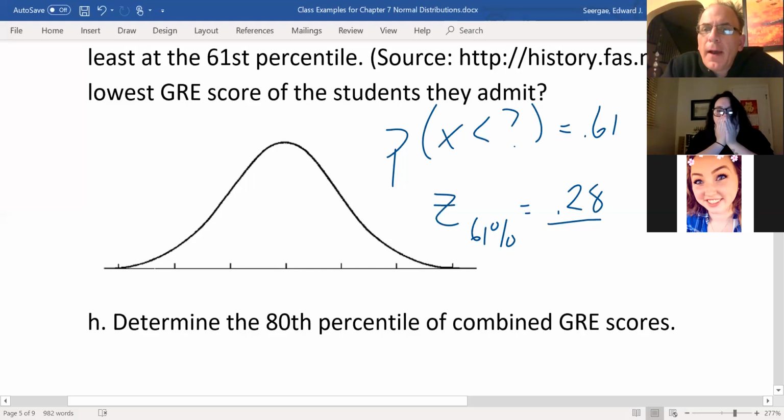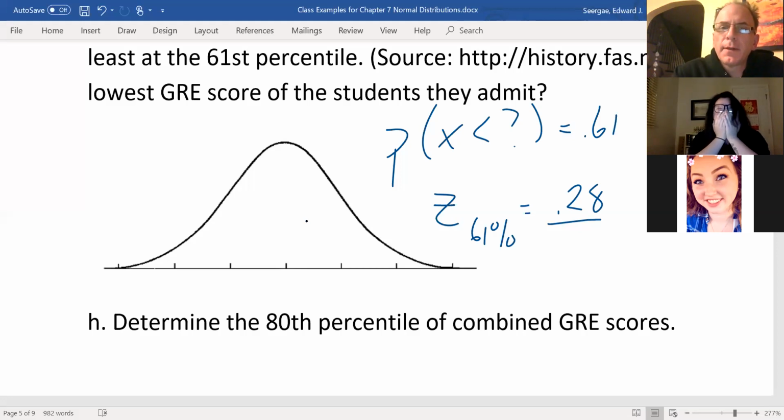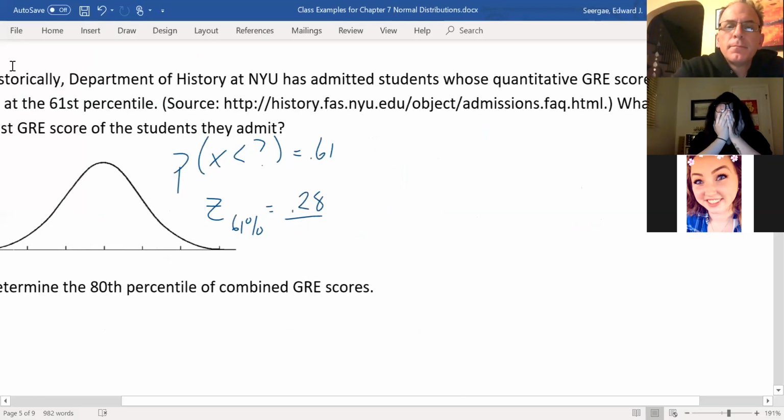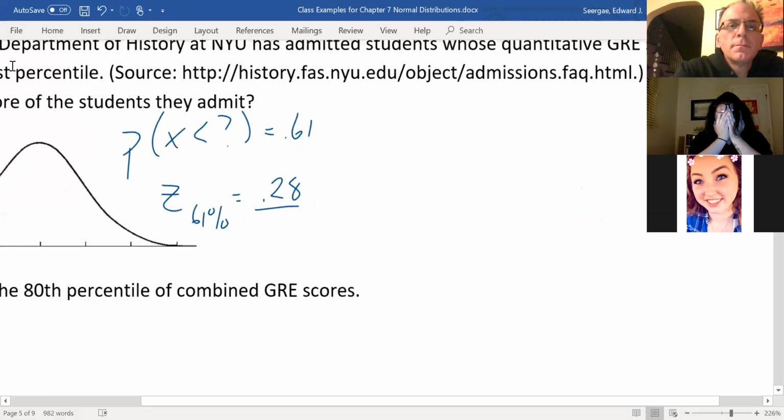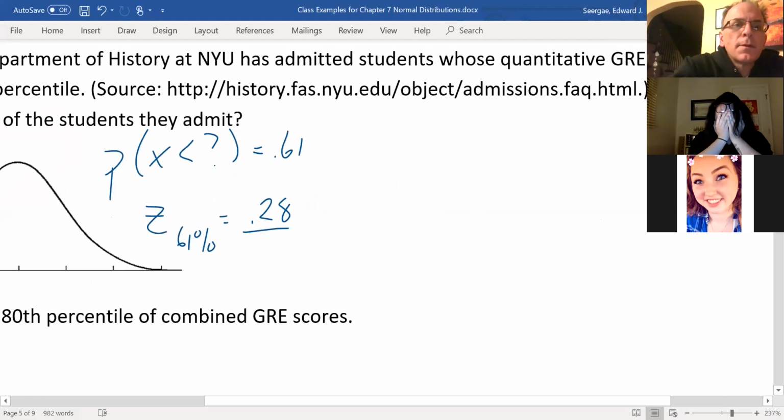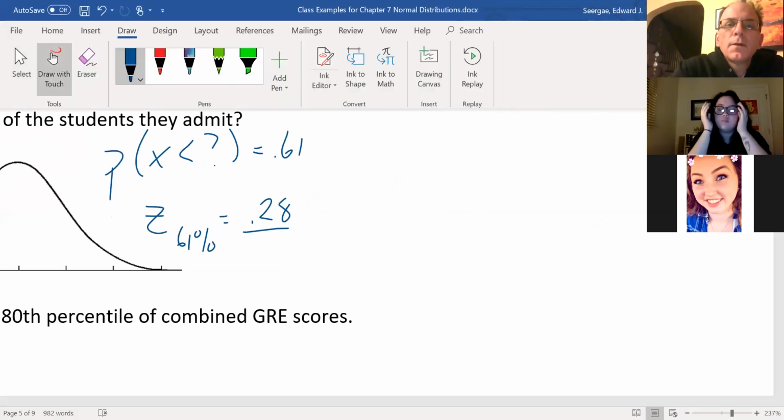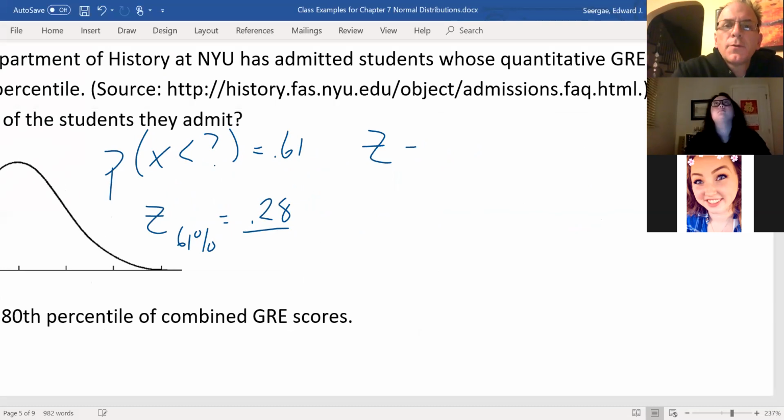Now I can work backwards and find out what the raw value is going to be using my z formula. Remember, our z is equal to x minus the mean all over the standard deviation.